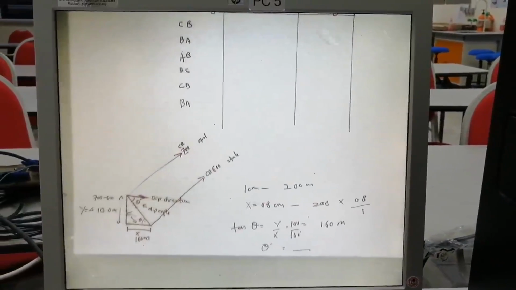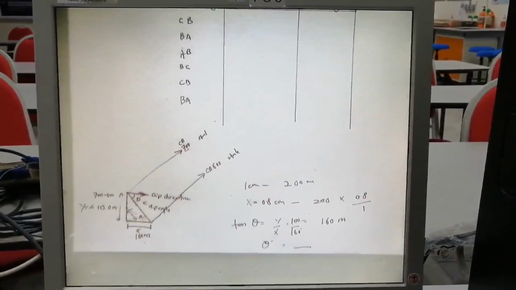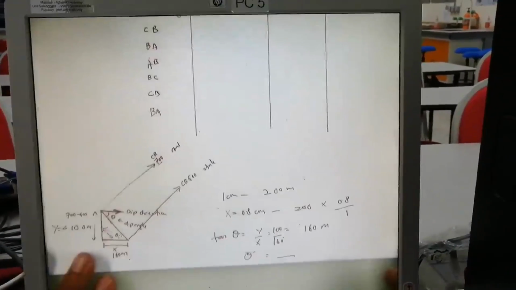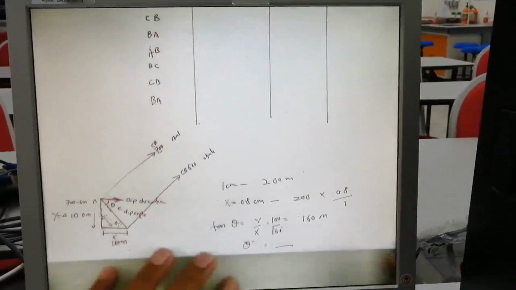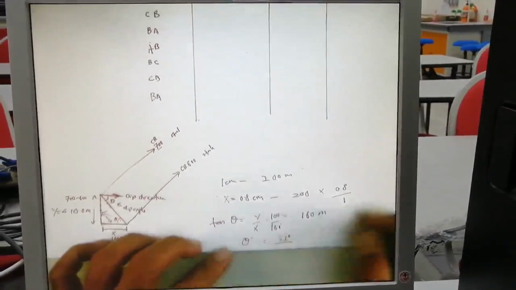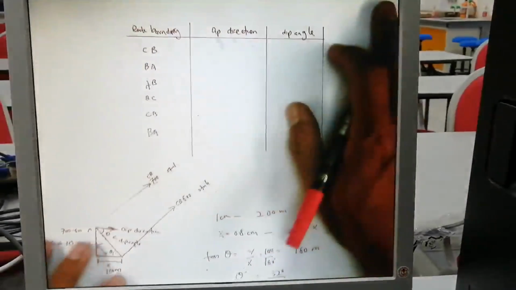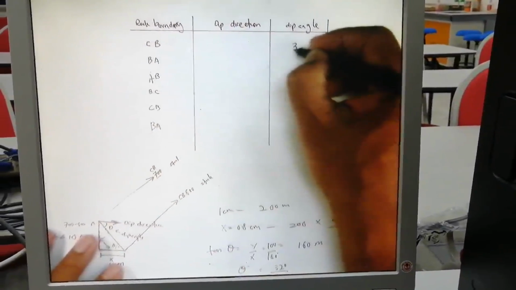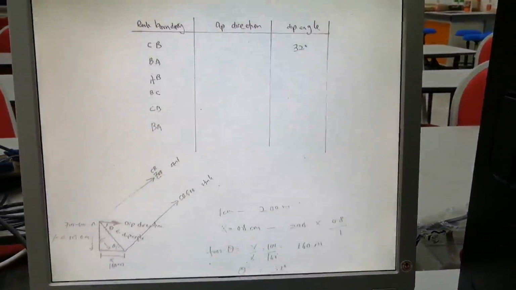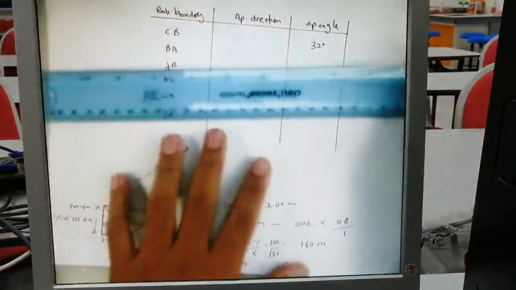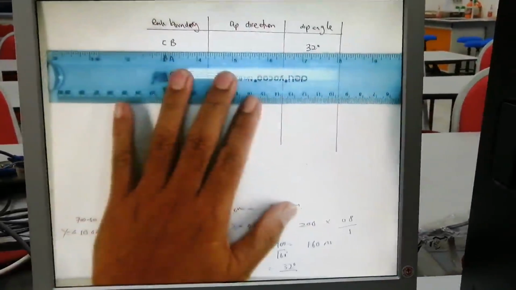Since I don't have a calculator, from the inverse we get about 32 degrees. So based on this CB boundary, you get a dip angle of 32 degrees. Make it in table form.